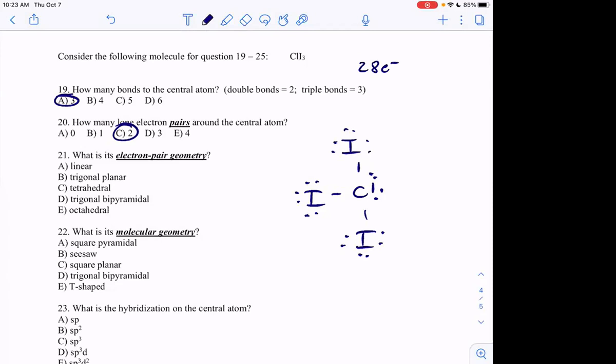Trigonal bipyramidal. It's got the 5, basically steric number 5. That's the trigonal bipyramidal. What's the molecular geometry? T-shaped, when you pull off 2 equatorials.